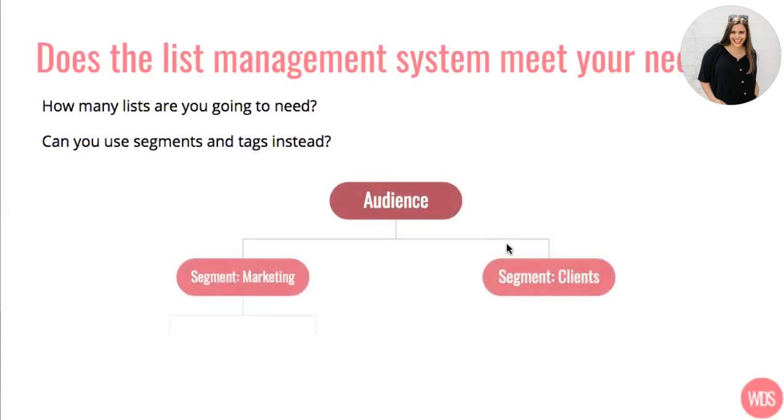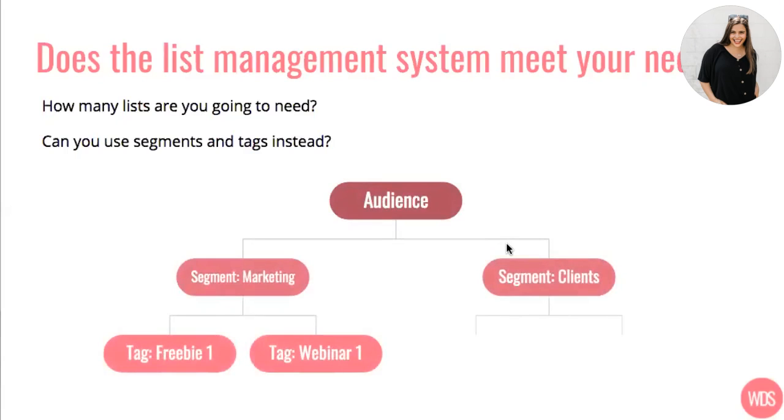So an audience can be segmented, and then within those segments and that audience, you can tag someone, right? And so this is specifically about, I'm talking about MailChimp and Flowdesk. Different platforms will use different words, but the way that these two and most platforms use it is with this vocabulary. So you have your audience, your big picture, right?